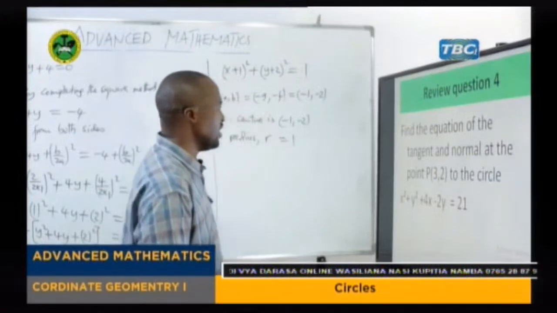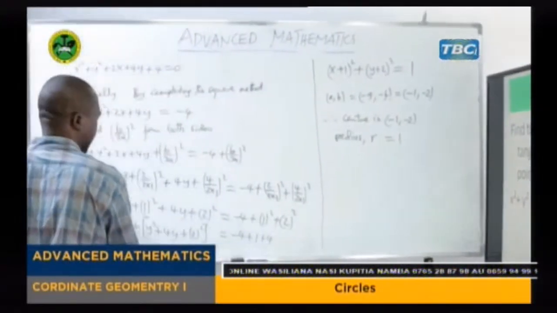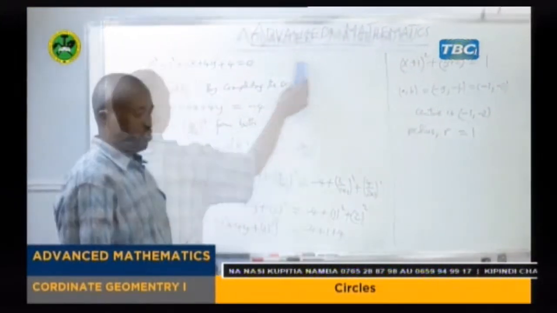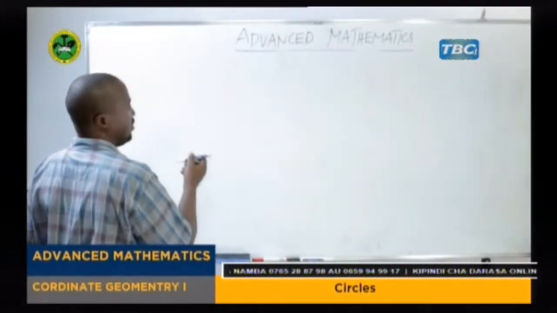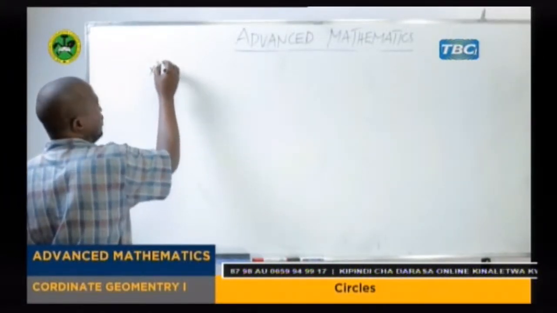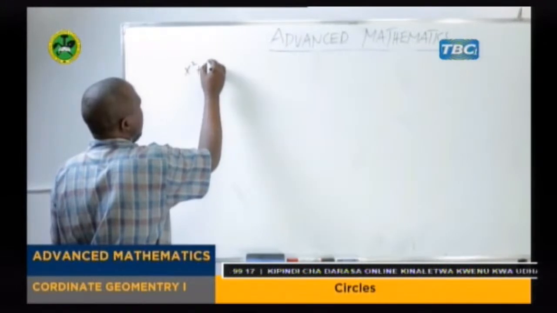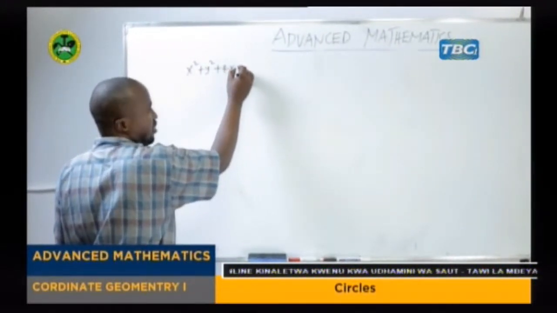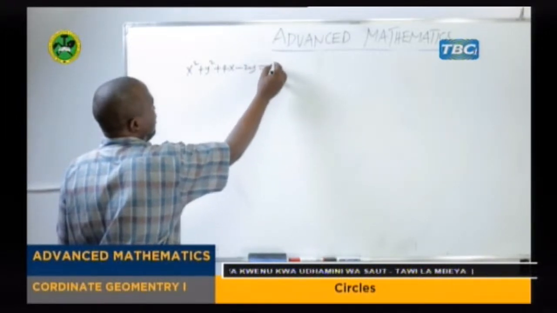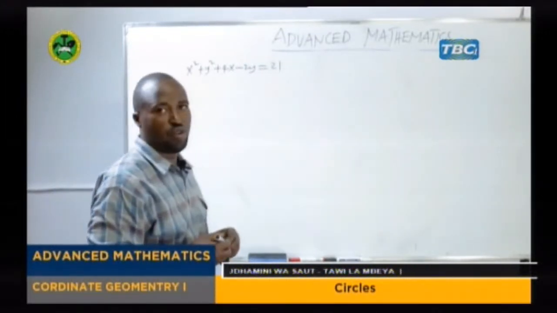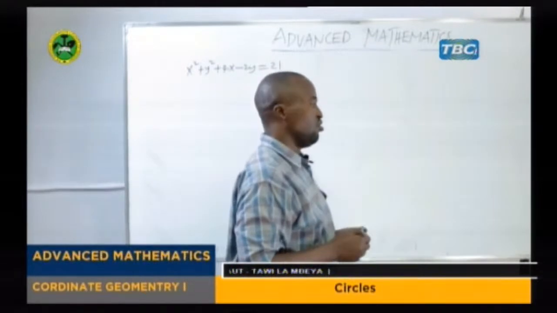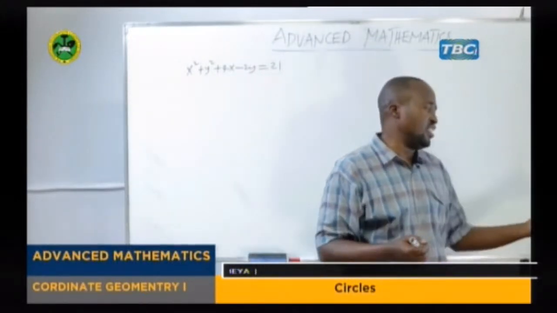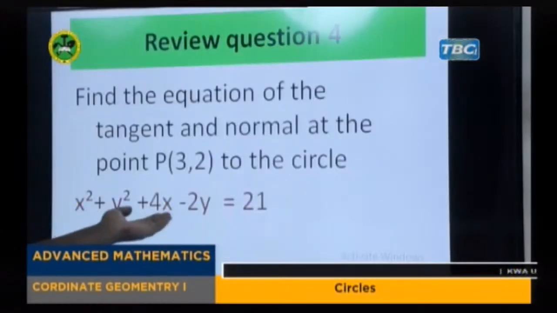Let us see how we can get such kind of the equation. So here we have the equation again, that is x squared plus y squared plus 4x minus 2y is equal to 21. So here we can differentiate this equation with respect to all given variables.